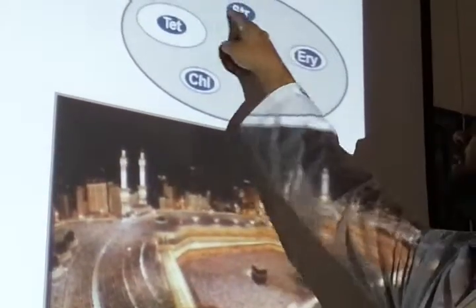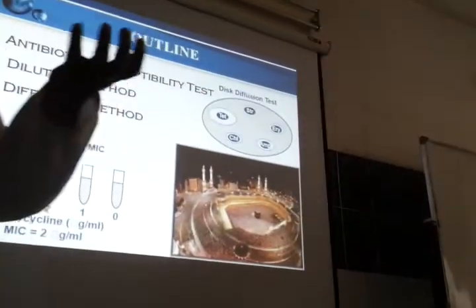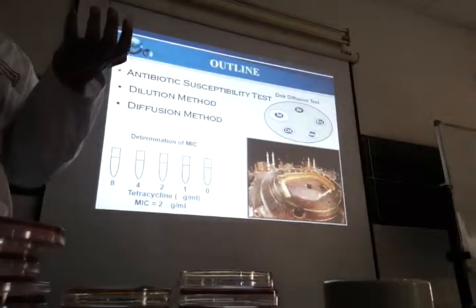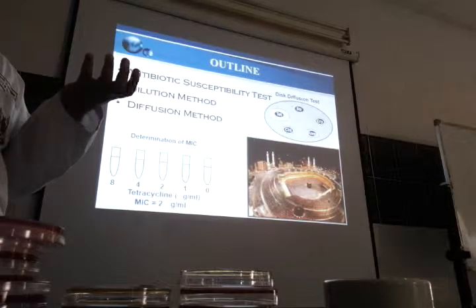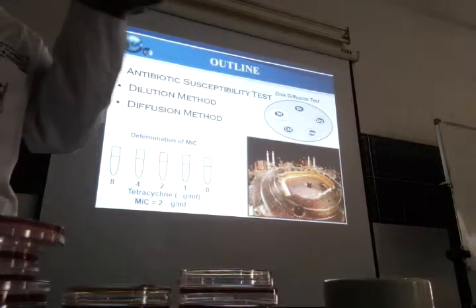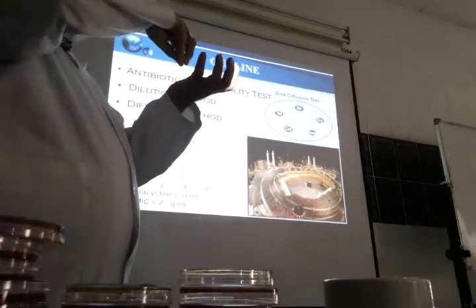So these discs, what we do, we take a sterile culture plate, no bacteria. And we put bacteria everywhere on top of it. That is called a lawn culture, like a garden lawn. We put bacteria everywhere, so bacteria should grow everywhere. But after doing that, we put small discs.